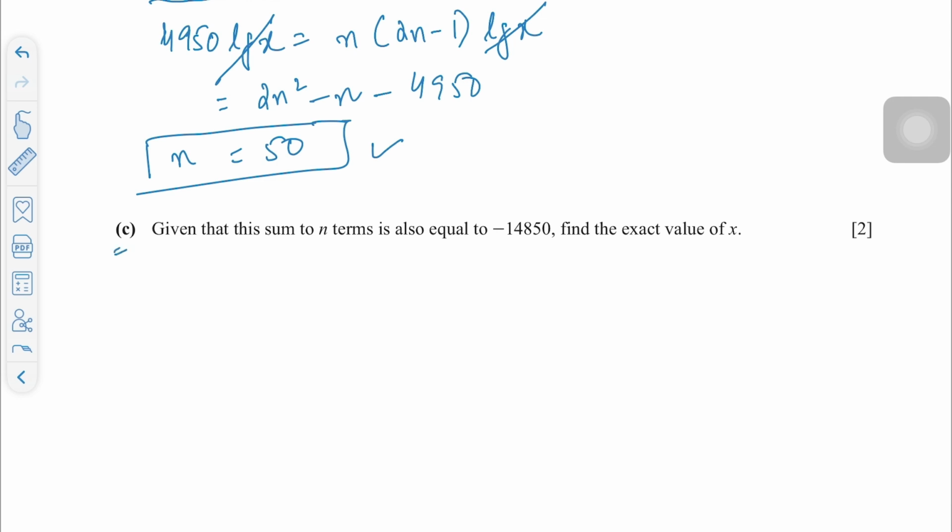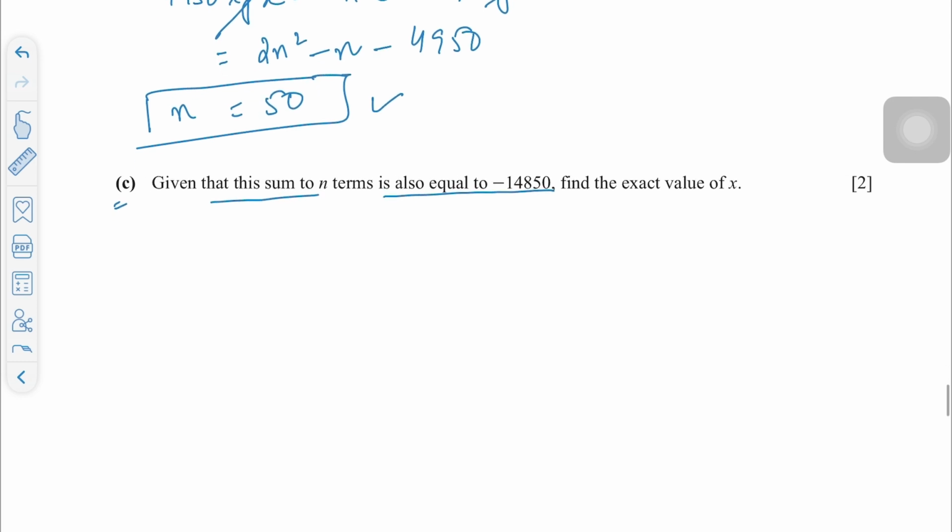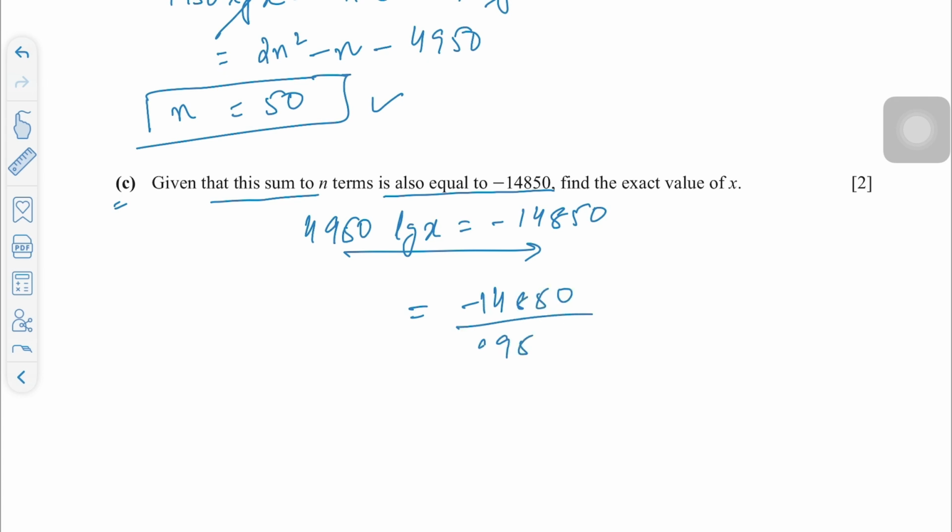Now moving on to part C, we are given that the sum to n terms is also equal to negative 14850. Find the exact value of x, right? So we can use 4950 lgx equals negative 14850. We can divide this by 4950. This would be cancelled out and this would be multiplied by 3.